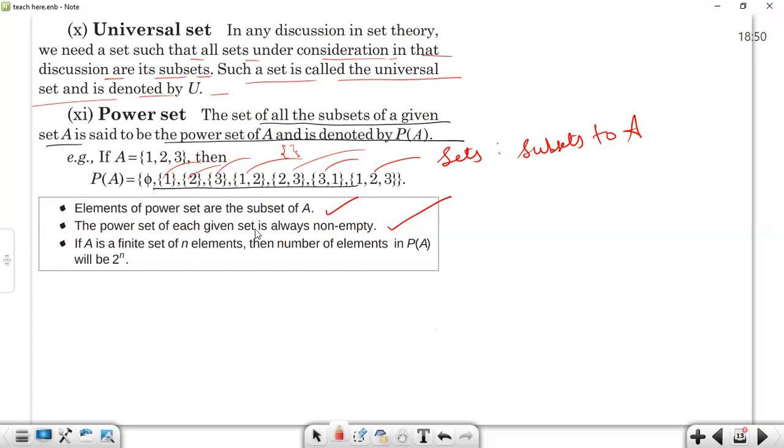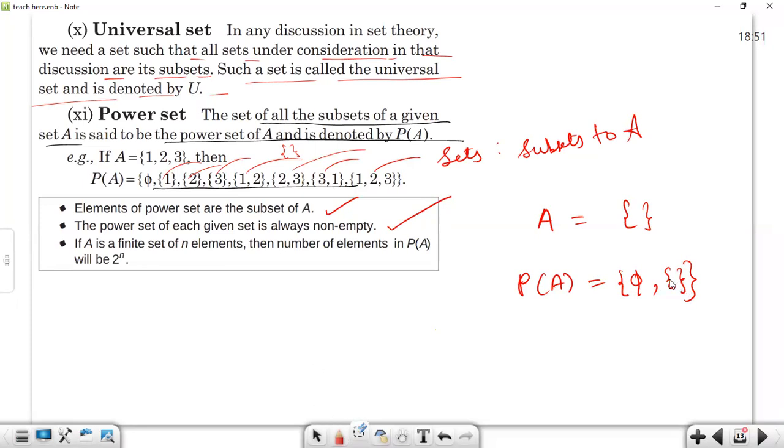That means, if there is a non-empty set and we have to write its subsets, there will be phi, which will definitely be a subset, because phi and the set itself are always subsets of the given set. Phi and the given set itself.